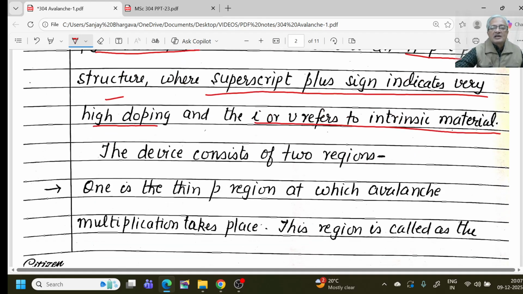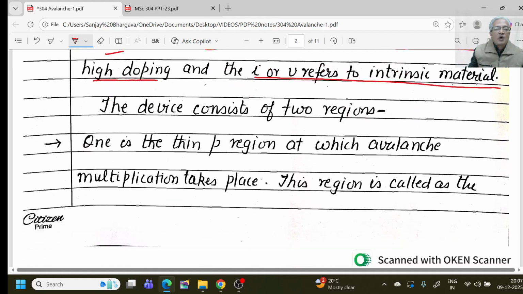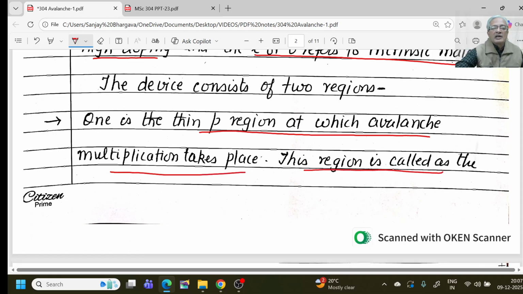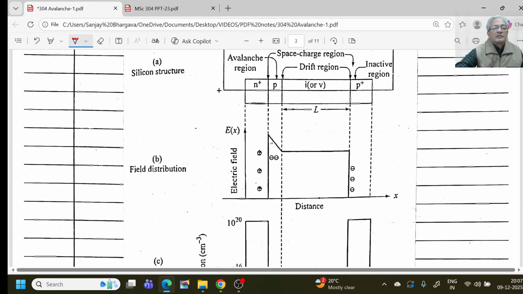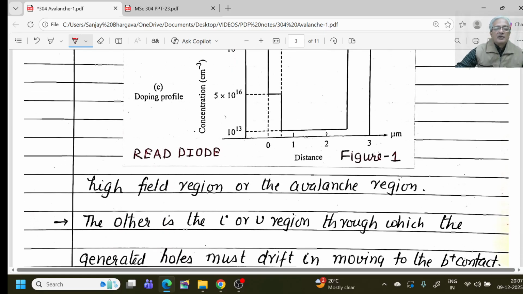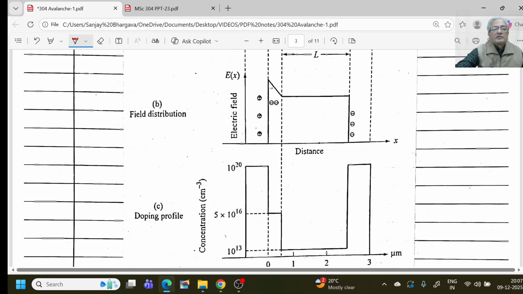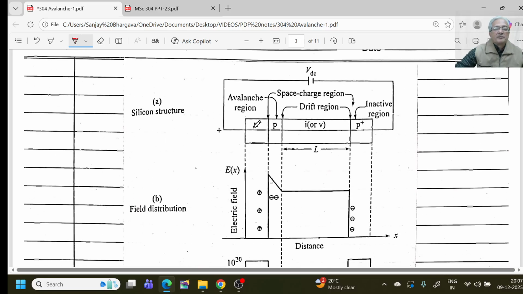These devices consist of two regions. One is a thin P region at which avalanche multiplication takes place. This region is called the high field region or the avalanche region. Just look at the different regions here.